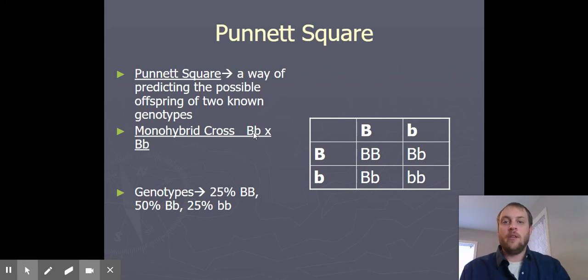And if you were curious, the phenotype, the physical characteristic that these parents would have, would be the dominant trait. If we're still talking eye color, we said before that brown eyes would be represented by a capital B because that's the dominant version of the eye color trait.